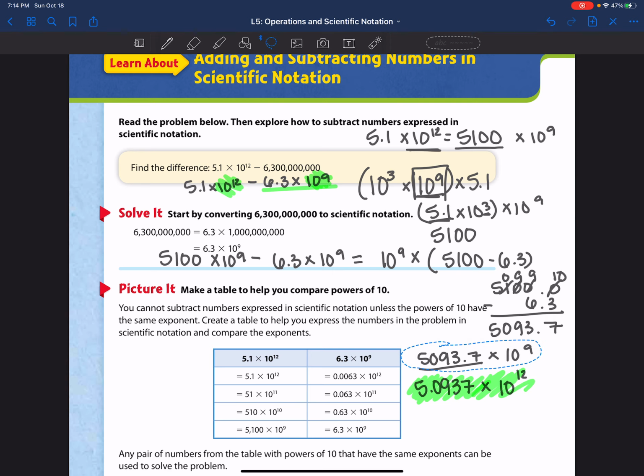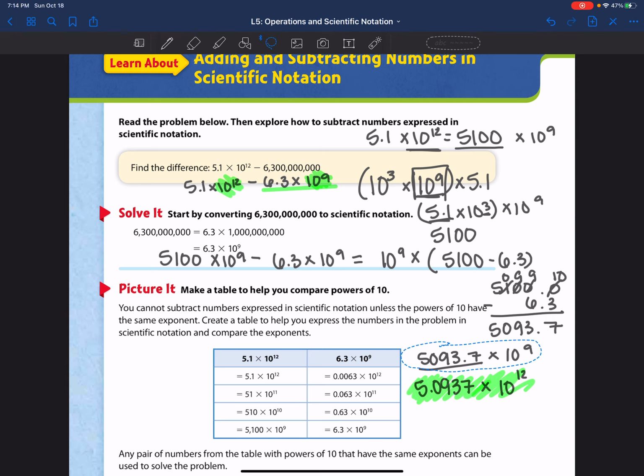I will rewrite or reorder it. And then 10 squared times 7.4 is 740 times 10 to the 13th. And I'm subtracting 9.9 times 10 to the 13th.